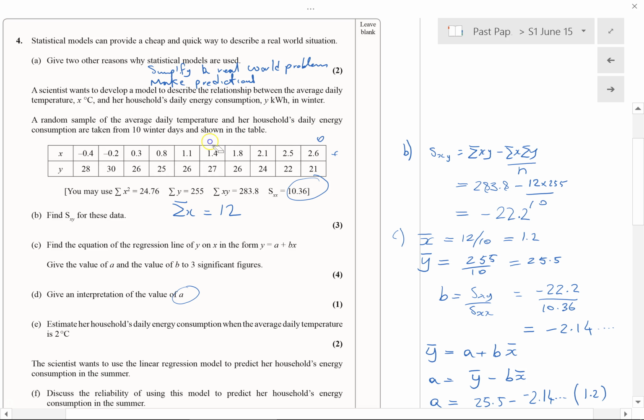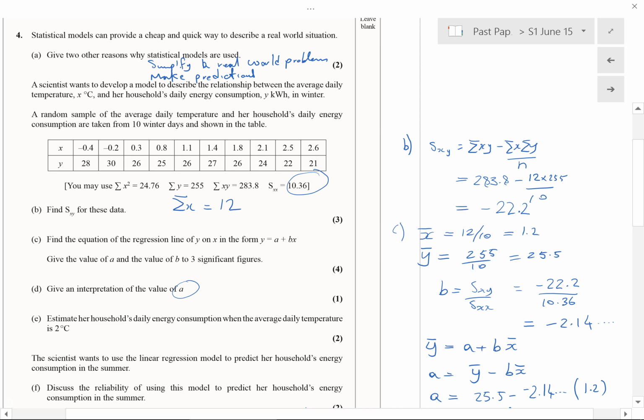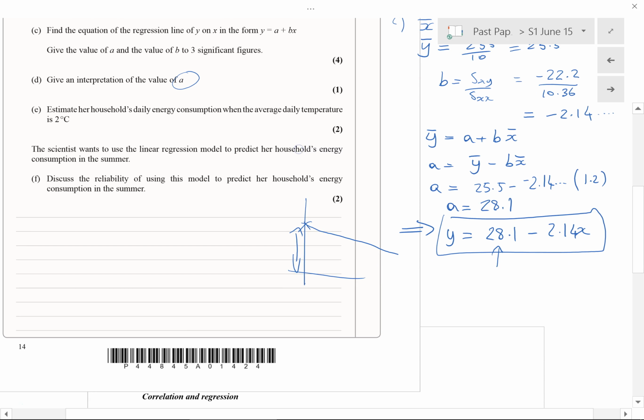Okay, so in this case, it would be the actual temperature on a winter's day. So the daily temperature is 0 degrees.